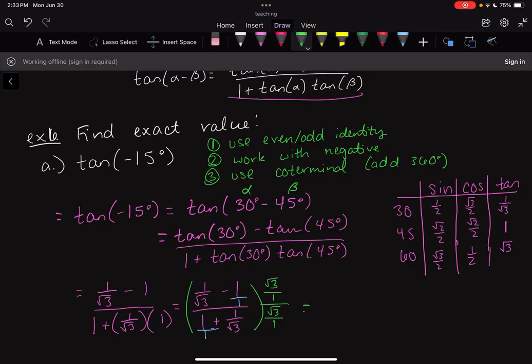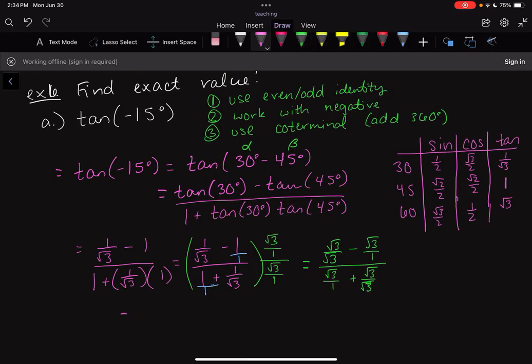So when I do this, I'll get root 3 over 3 minus root 3 over 1, divided by root 3 over 1 plus root 3 over root 3.